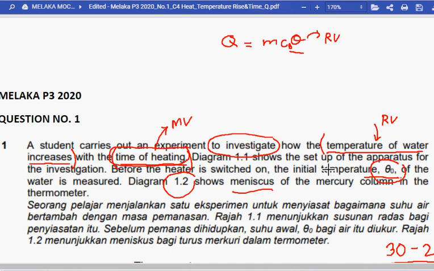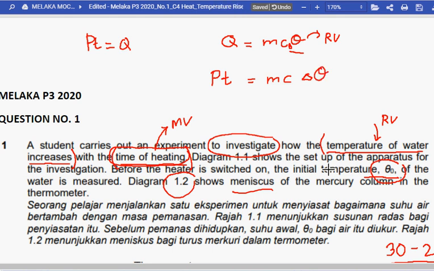So the formula for electrical energy is Pt. Remember, Pt equals Q. So I can substitute here P times t equal mc, change or increase in temperature theta.